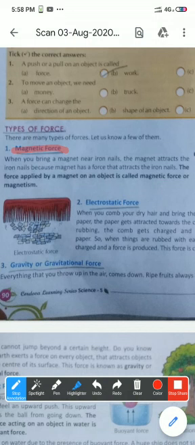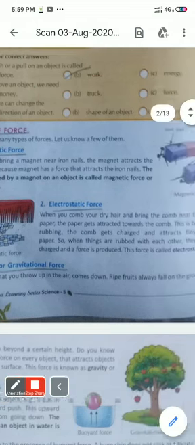Now, whenever we keep a magnet and around it, if we place up to a certain distance any magnetic object like iron nails, what we will see? We see that it will be attracted towards it.